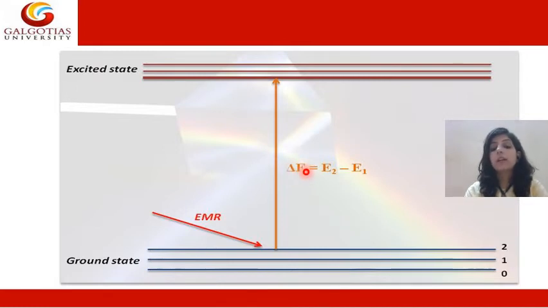Delta E is the energy difference between your two states, that is your excited state and the ground state. So your incoming electromagnetic radiation must match the delta E. Your delta E is the minimum amount of energy required by your molecule so that it can show transition from the ground state to the excited state.